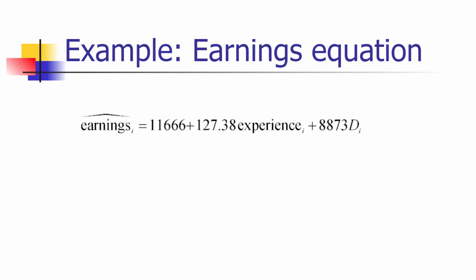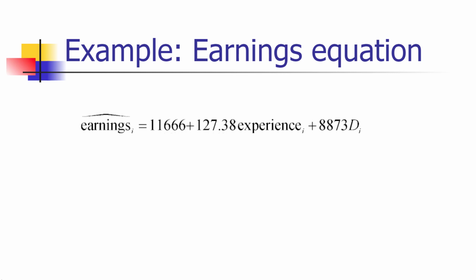In a dataset that is derived from a relatively old dataset from the National Longitudinal Study of the High School Class of 1972, this is an earnings equation we estimate for the entire sample. So we have earnings equal to 11,666 plus 127.38 times weeks of work experience plus 8,873 times a dummy variable.